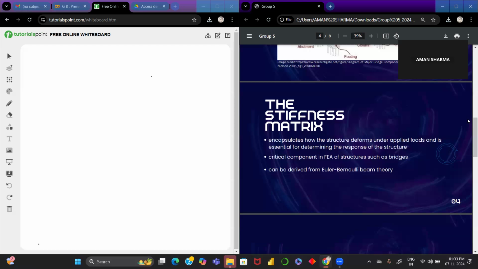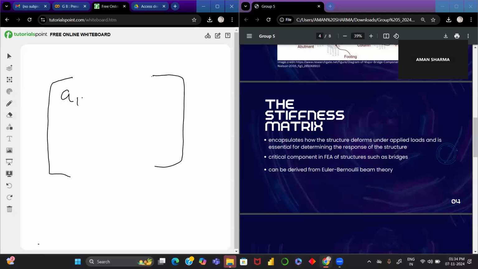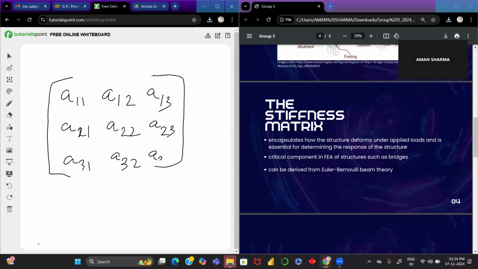All the diagonal entries in the stiffness matrix represent the self-stiffness or the self-resistance of nodes, the force values required for the self-resistance.